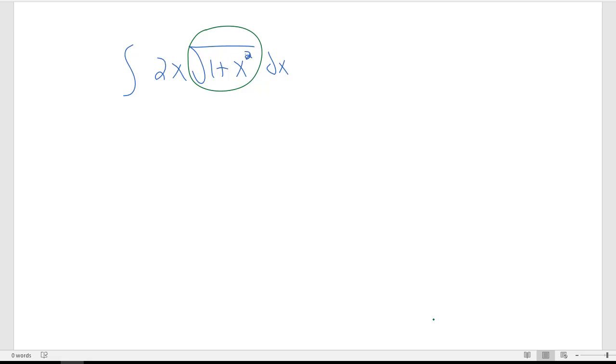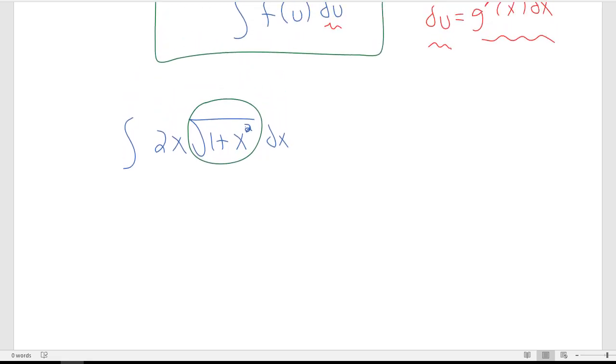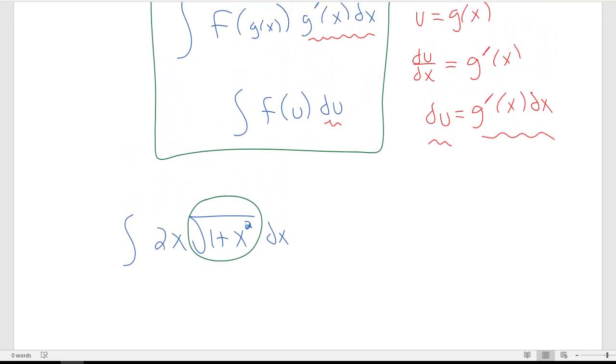So usually 98% of the time we're going to let u be the inside of the composition, right? I'm going to scroll back up. Just like we just said, we have a composition. We're typically going to let u be the inside of the composition. So we're going to let u equal 1 plus x squared. Now if this is going to work, the derivative of the inside has to be in the integral, right?